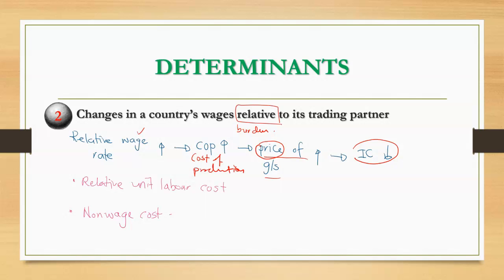Okay, so what actually determines our wage rate? It can be the salary that the employees are receiving. It can also include what we call the non-wage cost. Unit labor cost is what we pay. Non-wage cost is about other benefits that you are providing for your employees, but it's not reflected in their salary.